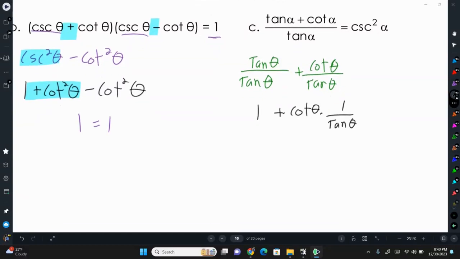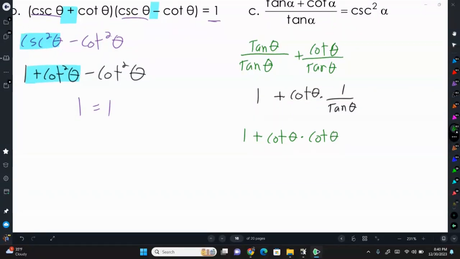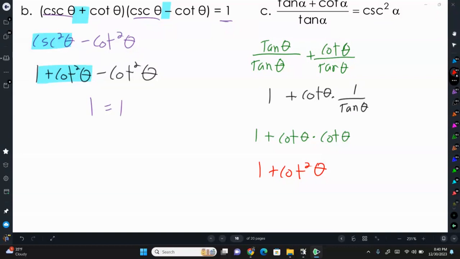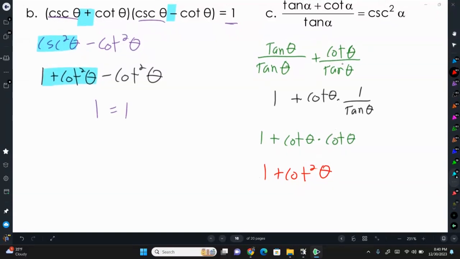Well, we know that 1 over tangent is cotangent. So it's really going to be 1 plus cotangent theta times cotangent theta. Well, cotangent times cotangent is cotangent squared. And we just used it in this last problem here, that the cosecant squared is equal to 1 plus cotangent squared.